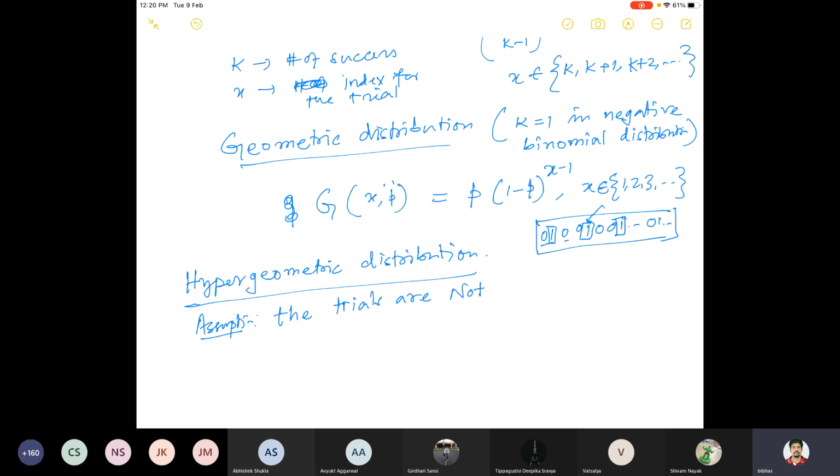Somebody wants to say something. Maybe, sir, it is related to the geometric mean. Sir, if we expand this 1 minus p to the x minus 1, we'll get a kind of GP. Maybe I'm not right.